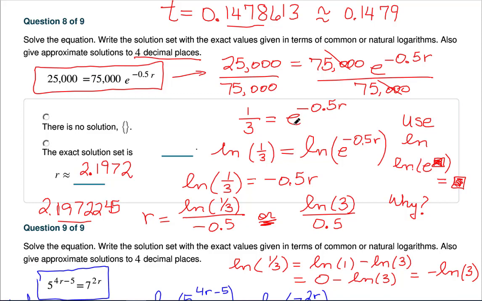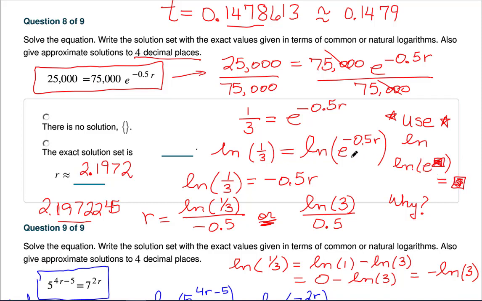Now here again I could use log 10 or natural log to solve this problem, but if you use natural log, so that's this little key point here on the right, if I use natural log of e to something, I get it back. Remember that was our log b of b to something gives it back to us.